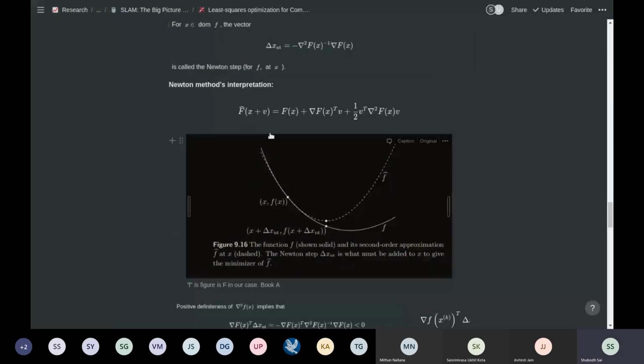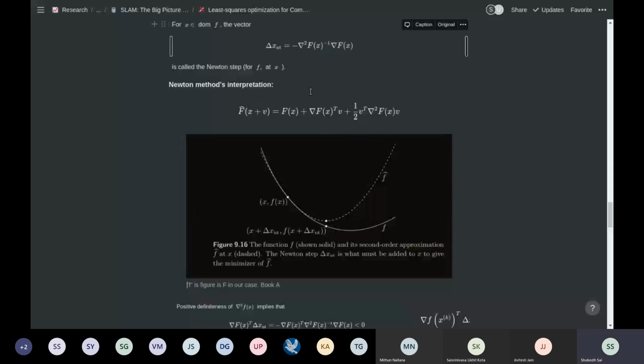Since I assumed my minimization function to be quadratic, I'll end up getting this Hessian as positive. So I'm doing a second order approximation at a particular point, and I'm finding its Hessian. As long as it is positive and it's a convex problem, I can take a first order derivative and equate it to 0, and I'll get the step that I need to take.